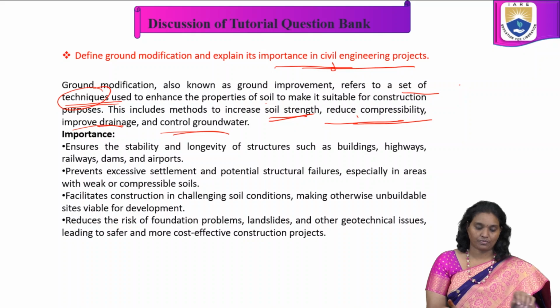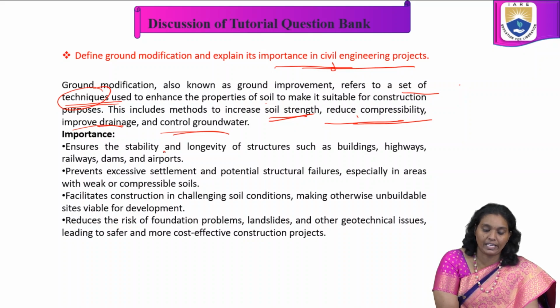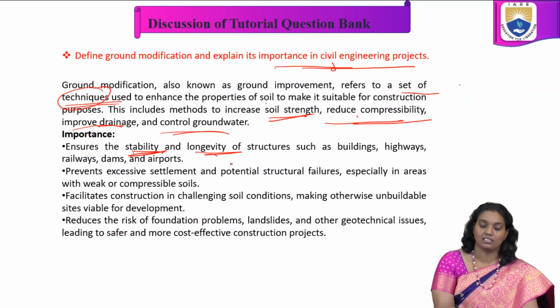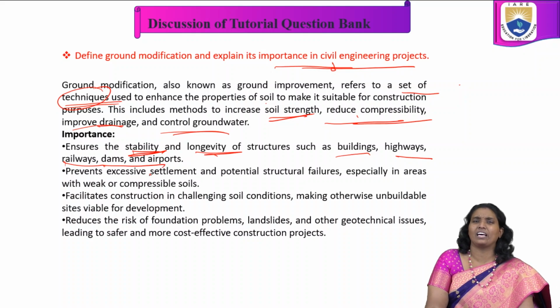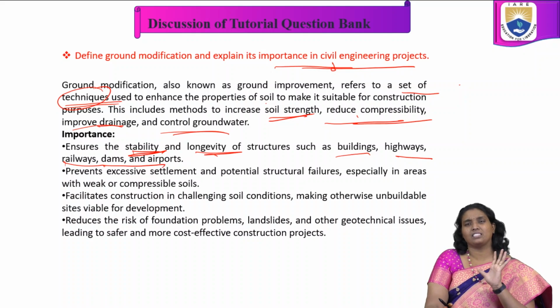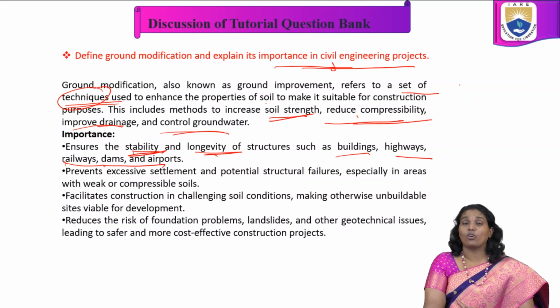It ensures the stability and longevity of structures such as buildings, highways, railways, dams, airports and tunnels. So these are the various types of projects or construction works where ground modification is involved.